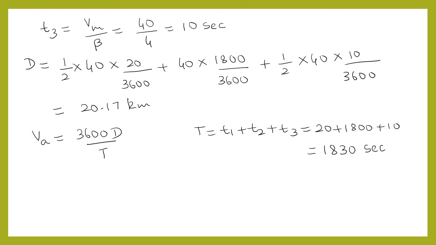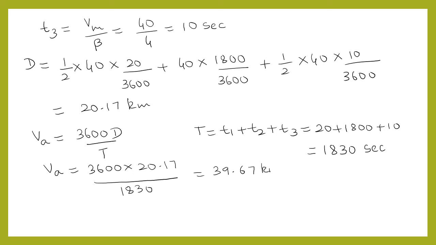So we get VA equal to 3600 into 20.17 by 1830, that is around 39.67 km per hour.